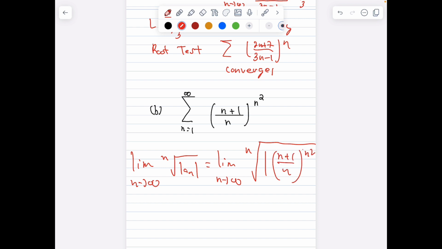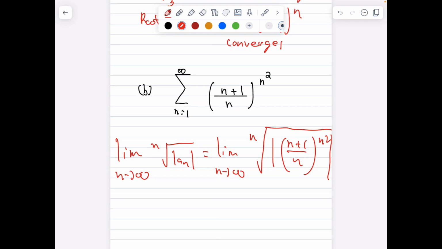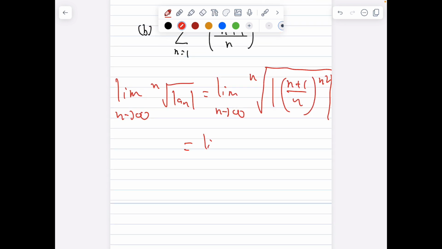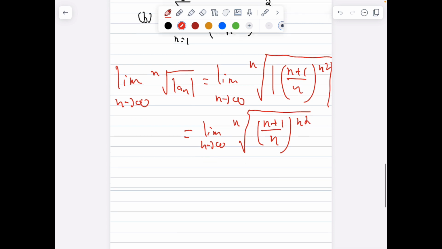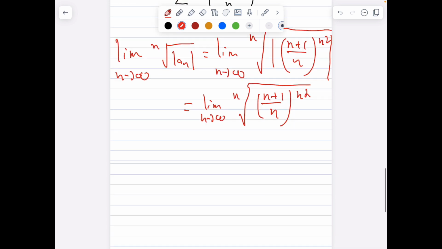First of all, this is always a positive expression inside the absolute value, so we don't need it. So it's going to equal the limit as n goes to infinity of the nth root of n plus 1 over n to the n squared.